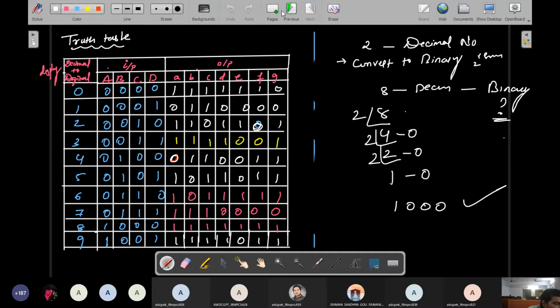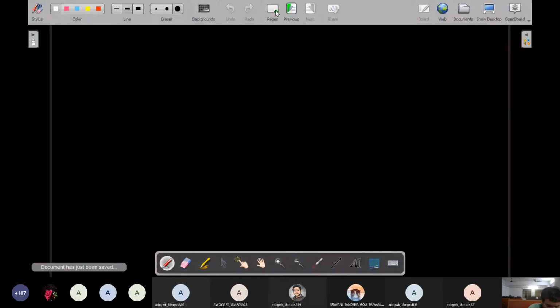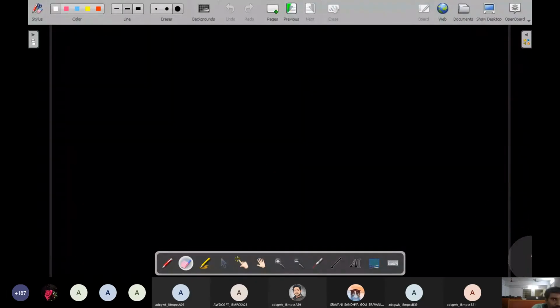Okay, so next page, I'll move to the next page. See, boolean expressions of the BCD to 7 segment display decoder.